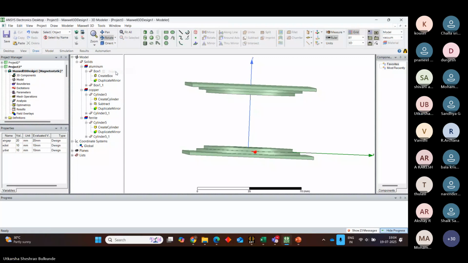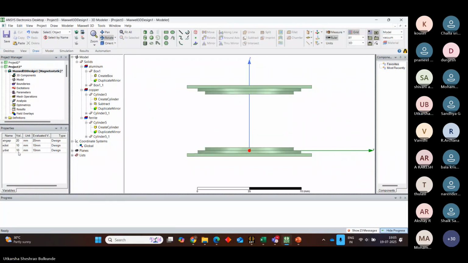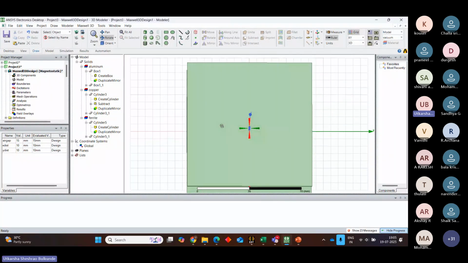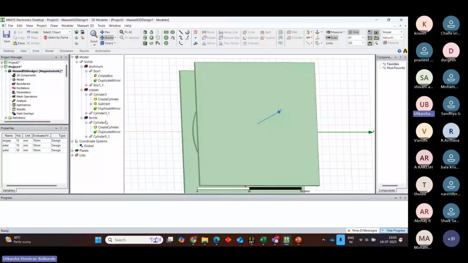That is changing. This is also changing.